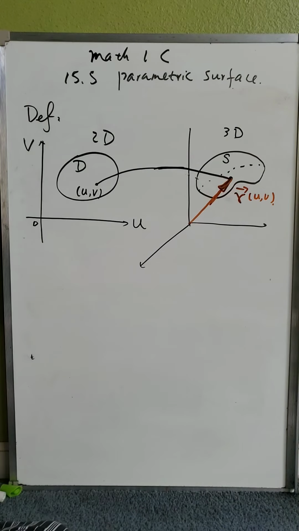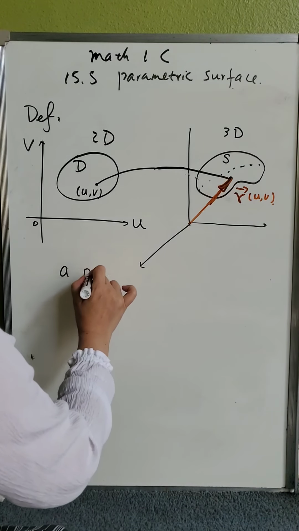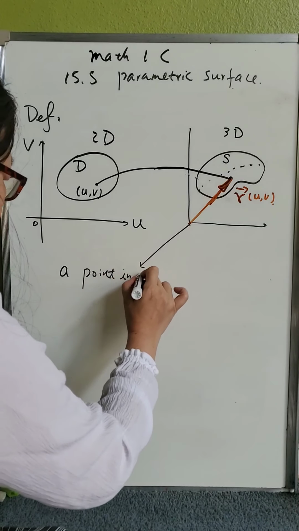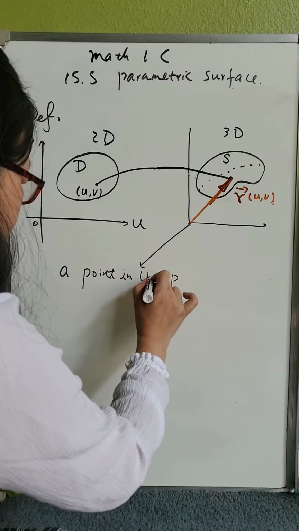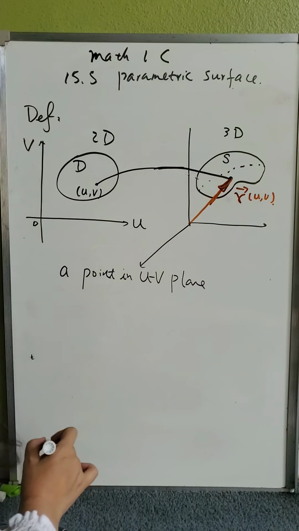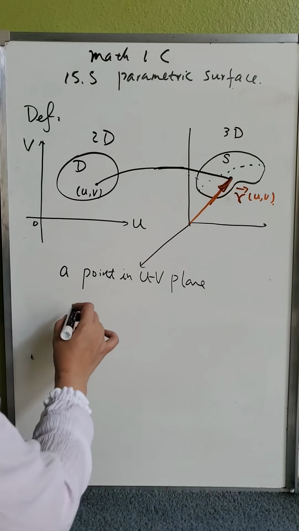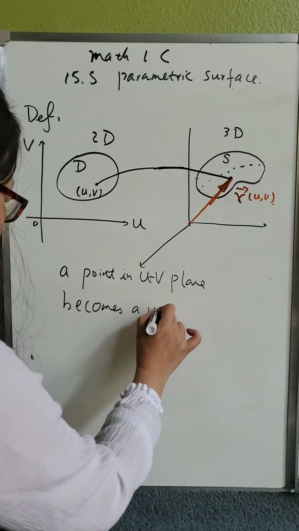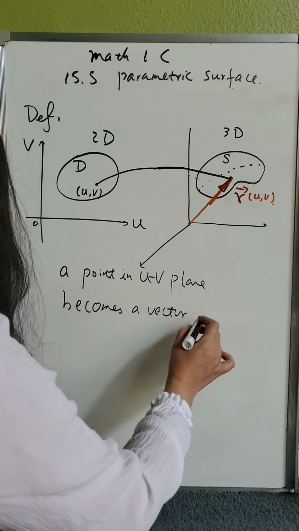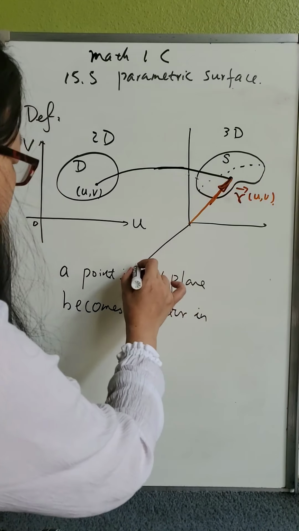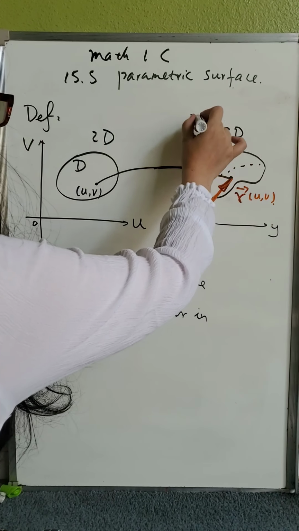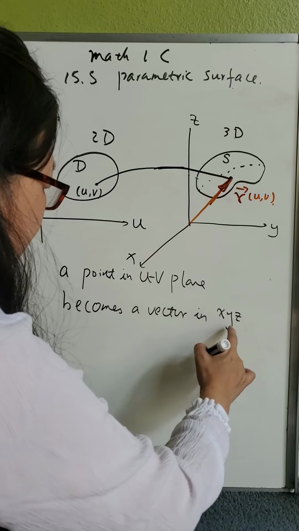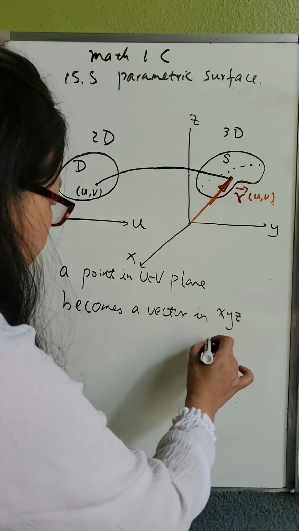A point in the uv plane becomes a vector in the x, y, z coordinate.